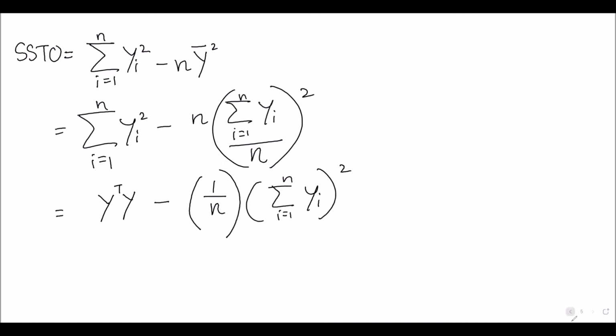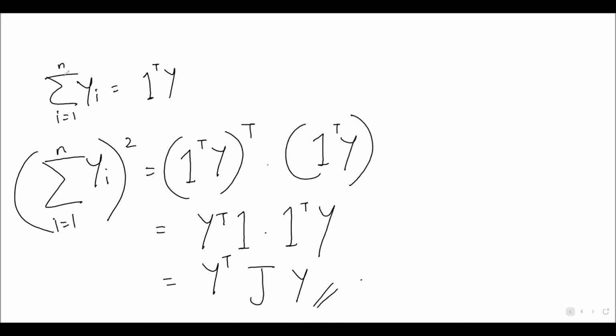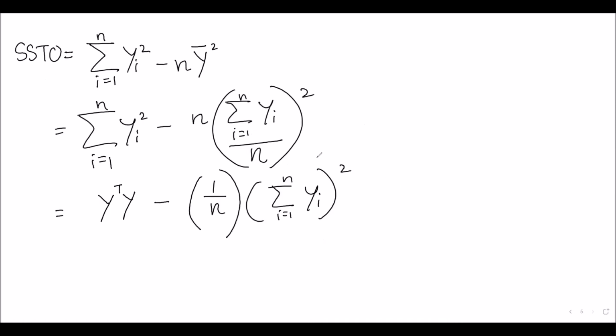This one we just derived. It's this one, right? It's y transpose jy. You can either use this whole thing, or if you can remember, you can simply substitute this one, y transpose jy, for this.